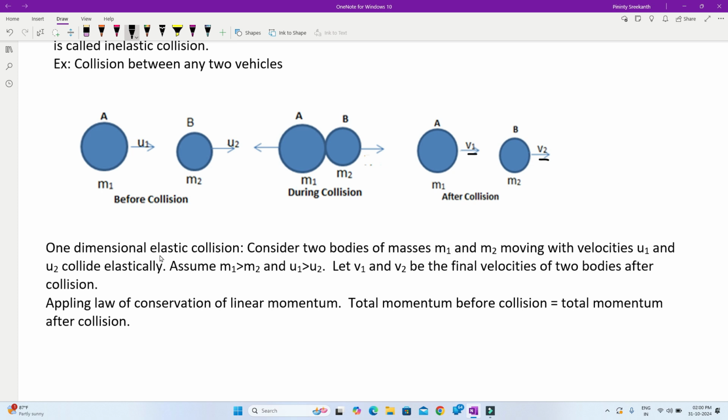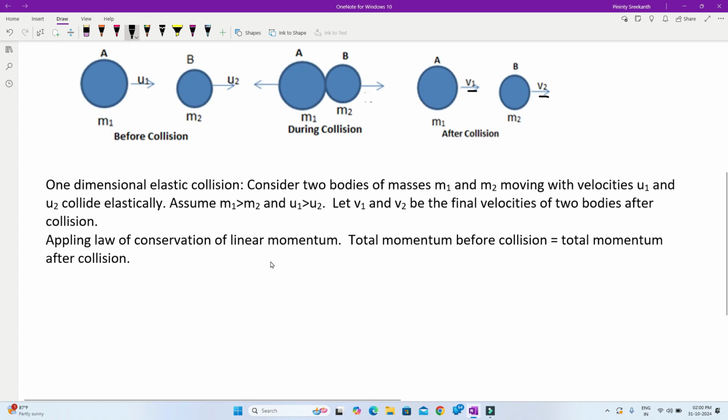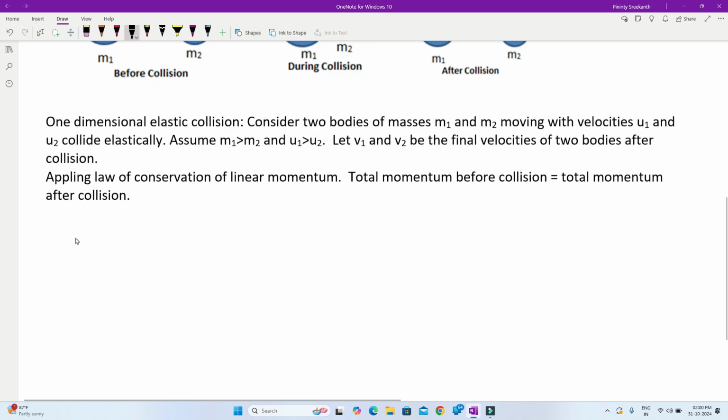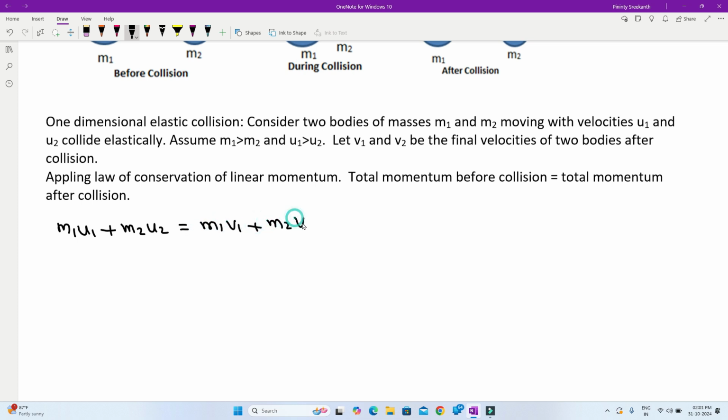So here we are applying the law of conservation of linear momentum. According to this concept, the total momentum before collision is equal to the total momentum after collision. Now we can write the expression: m1 u1 plus m2 u2 is equal to m1 v1 plus m2 v2.